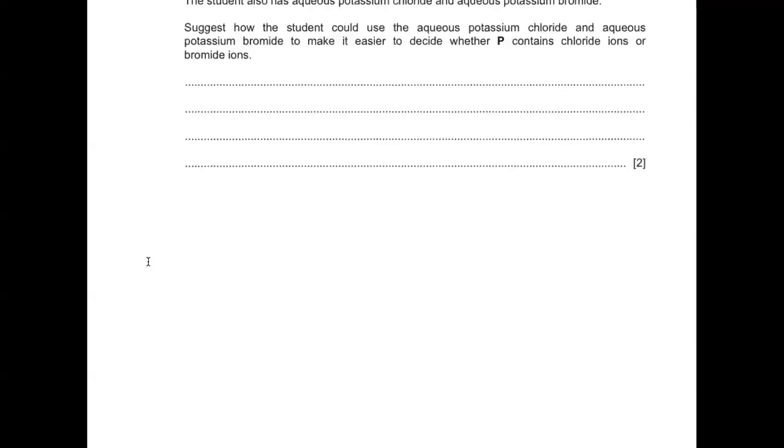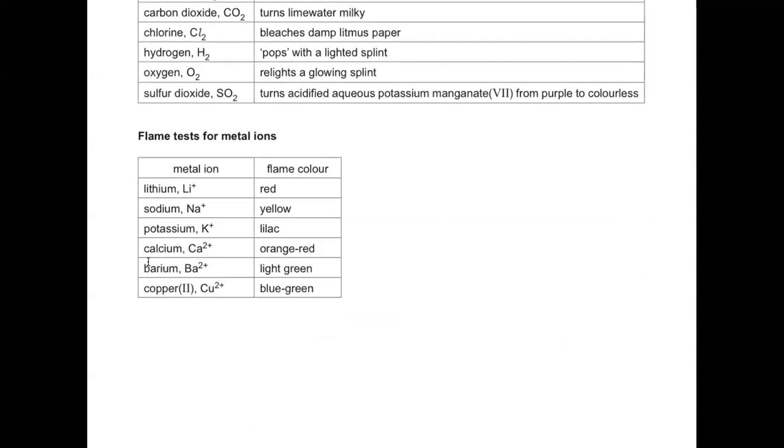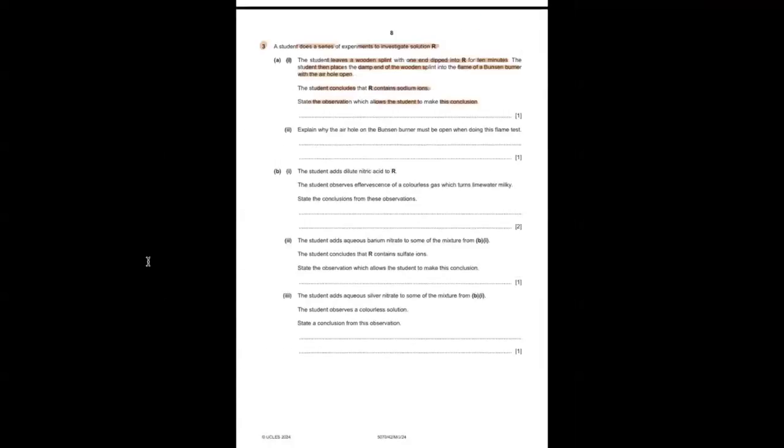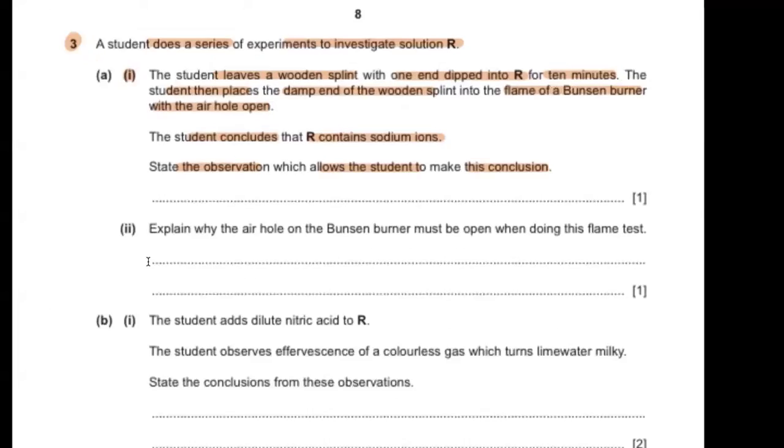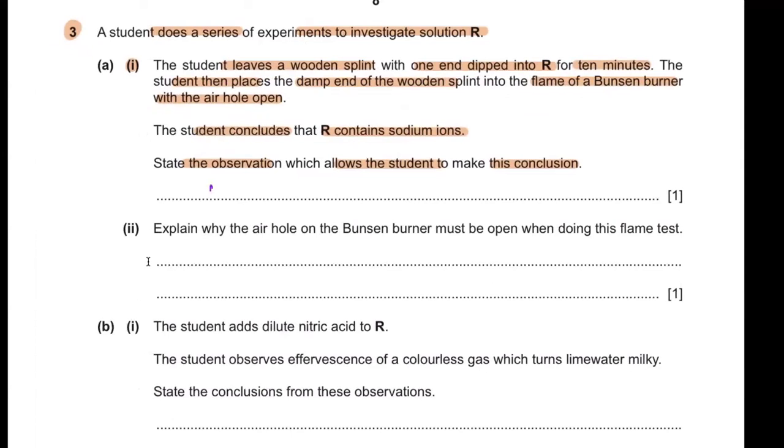So if you go over here on the flame test, if it's sodium, it's a yellow flame. So yeah, sodium, it's a yellow flame. Very good, Abdullah. Yellow flame. Next, explain why the air hole on the Bunsen burner must be open when doing this flame test. So the flame of the Bunsen burner goes blue.